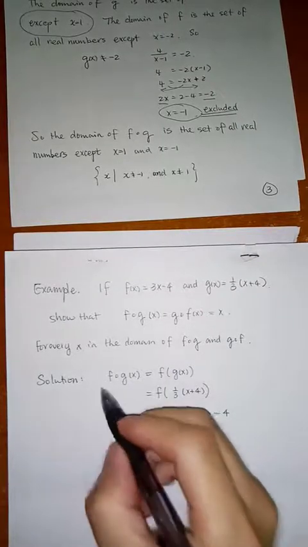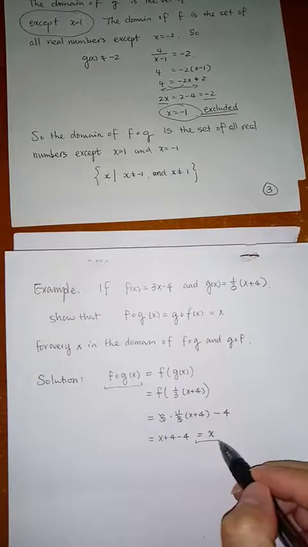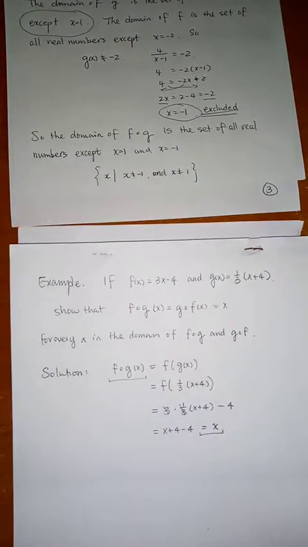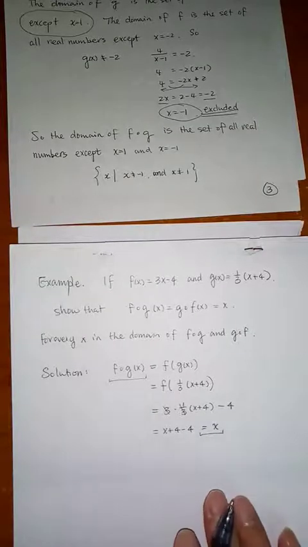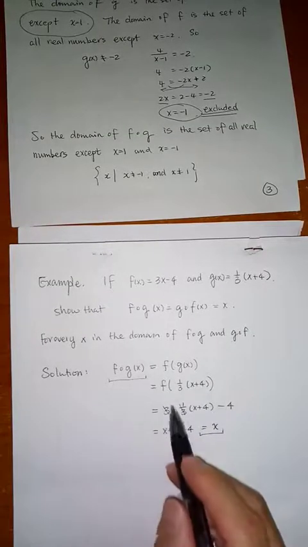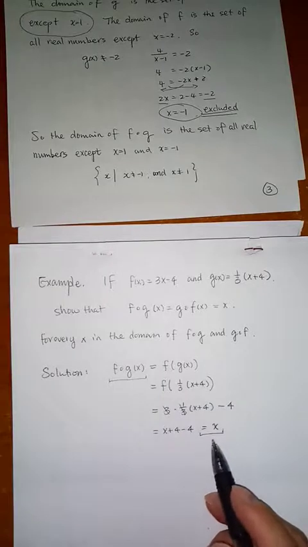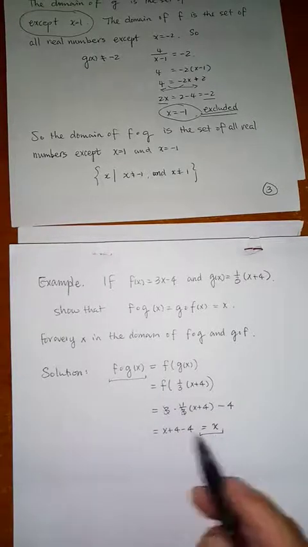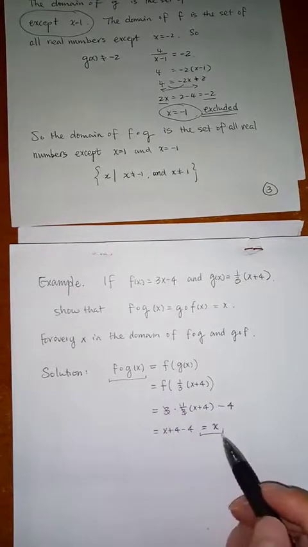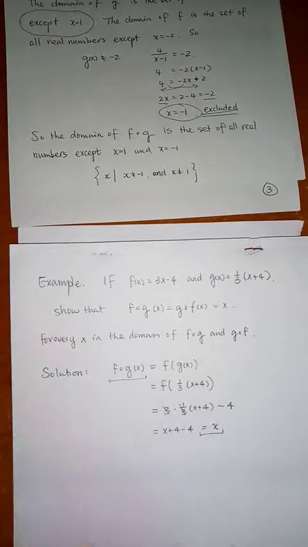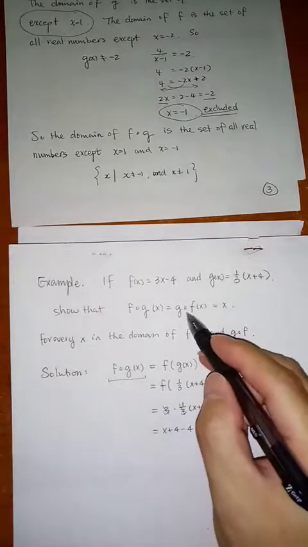So what you compute is that f composed with g of x is x. Don't assume it at the beginning. You just start from one side, simplify it, and get the other side. That is the proof. Okay, and then let's check the other one.